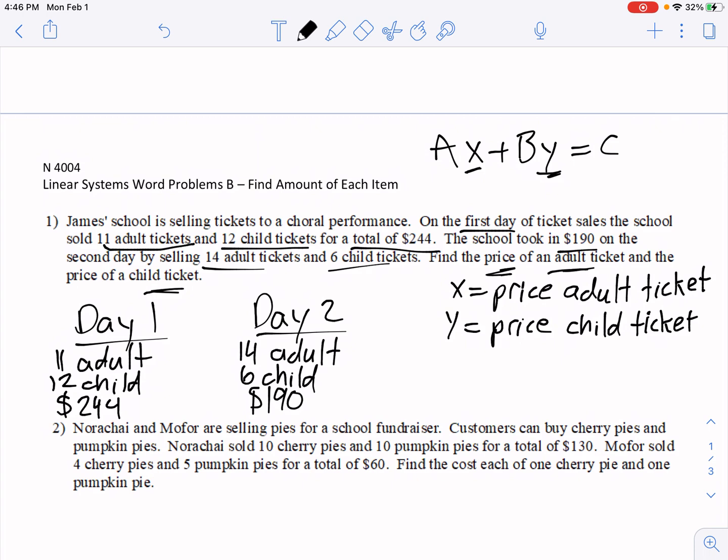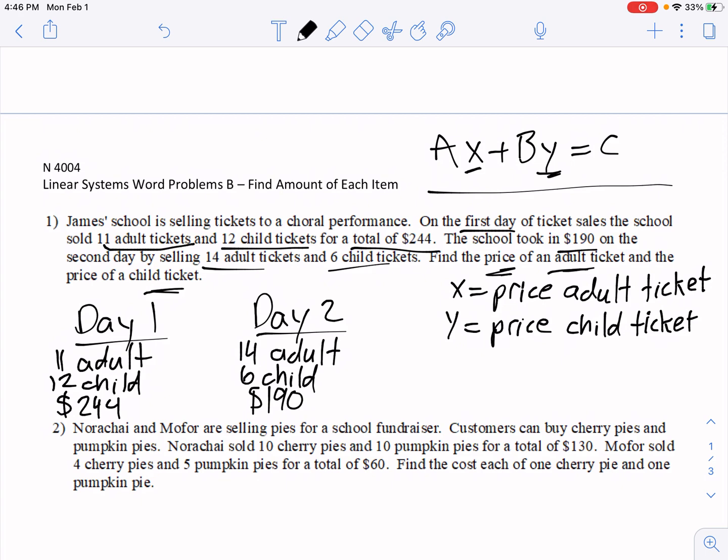Okay, so now I have my two situations, day one and day two, and I need to use this information to write my two equations in standard form, ax plus by equals c, where x is the price of the adult tickets and y is the price of the child tickets.